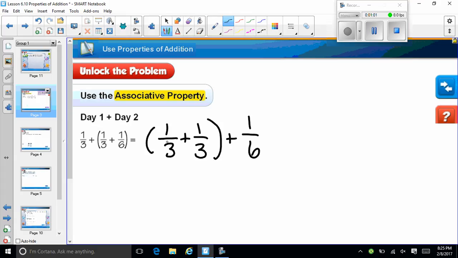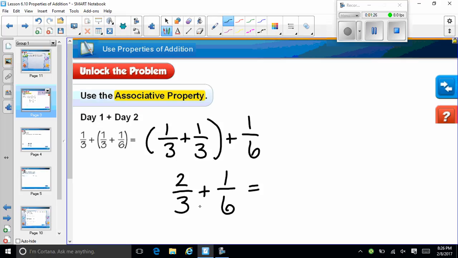By doing this, I'm able to add the two fractions without having to do any conversions beforehand. So 1/3 plus 1/3 equals 2/3 plus 1/6. Now that I'm down to two fractions, I'm going to change my denominators so that they are alike. I have a 3 and I have a 6.